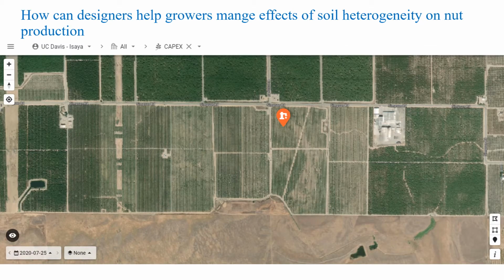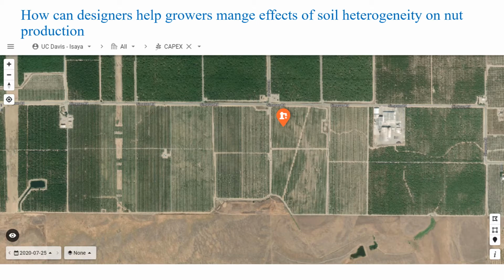If you look at canopy growth in this Google image picture, you see that the canopy growth actually matches or is very similar to what we saw in the variability of the soil.